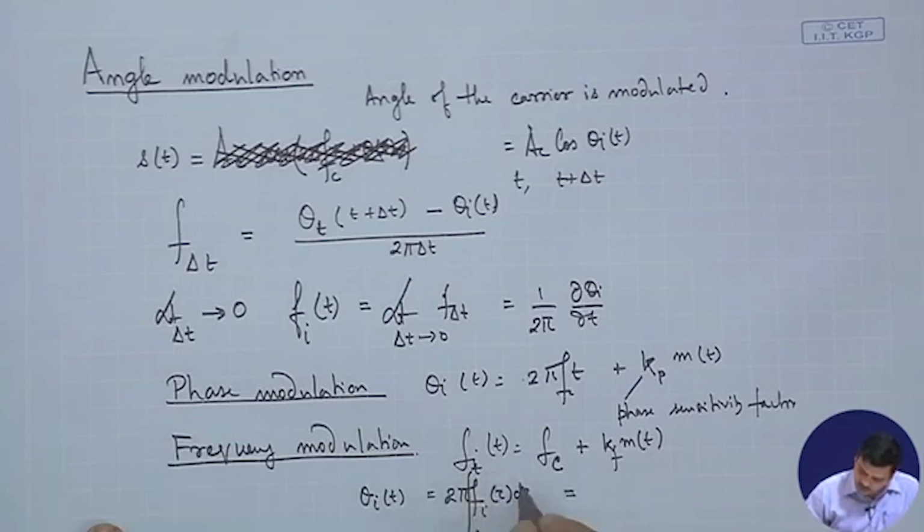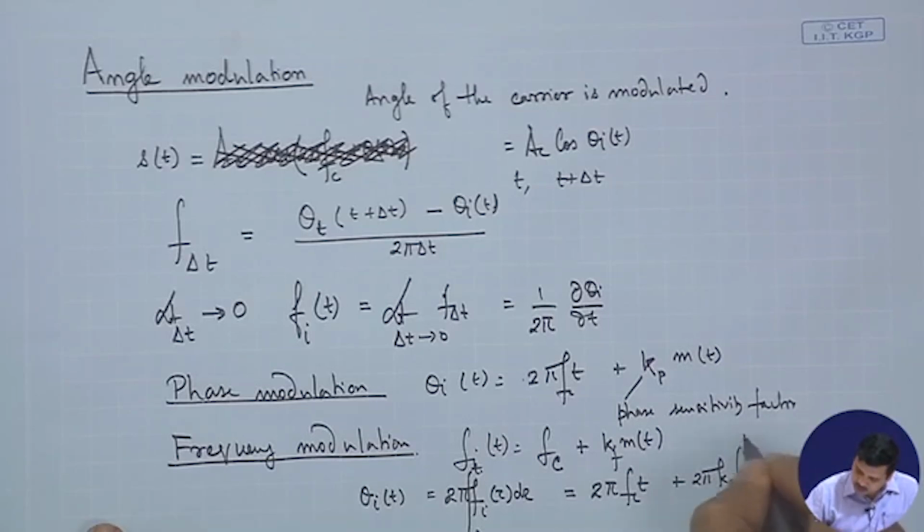So, replacing f_i, you would get 2 pi f_c t, because f_c is constant and d tau integrated from 0 to t leads to t, plus 2 pi k_f integral 0 to t m(tau) d tau.